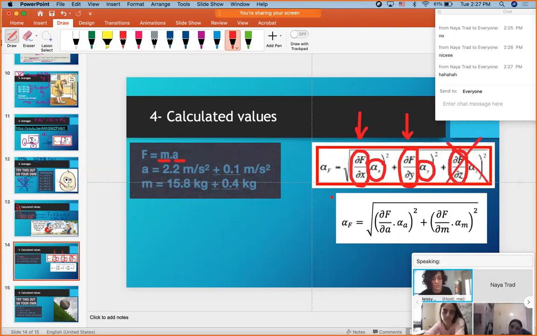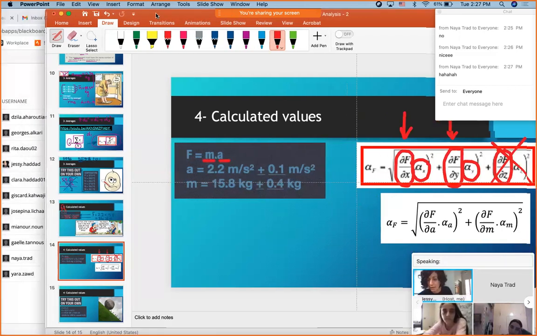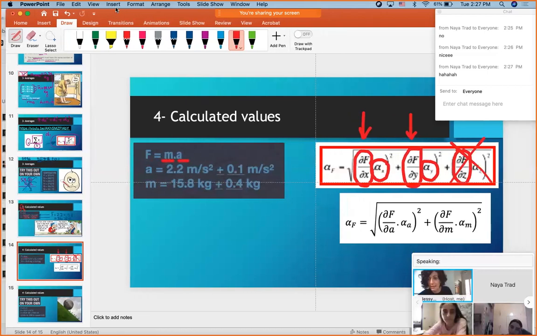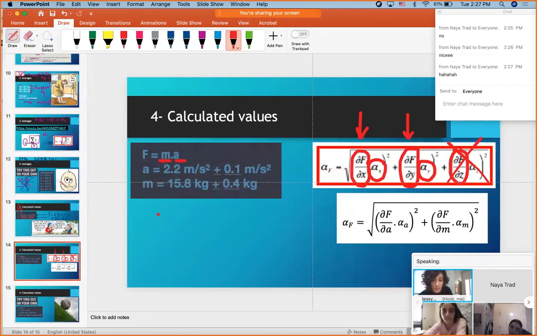Now, derivatives. I know since you are fresh graduates from high school, you know a lot about derivatives. I'm so proud of you. I'm going to ask someone like Giscard. Giscard, if you have a constant, what's the derivative of a constant? 0. If you have a constant times x, what's the derivative of the function?